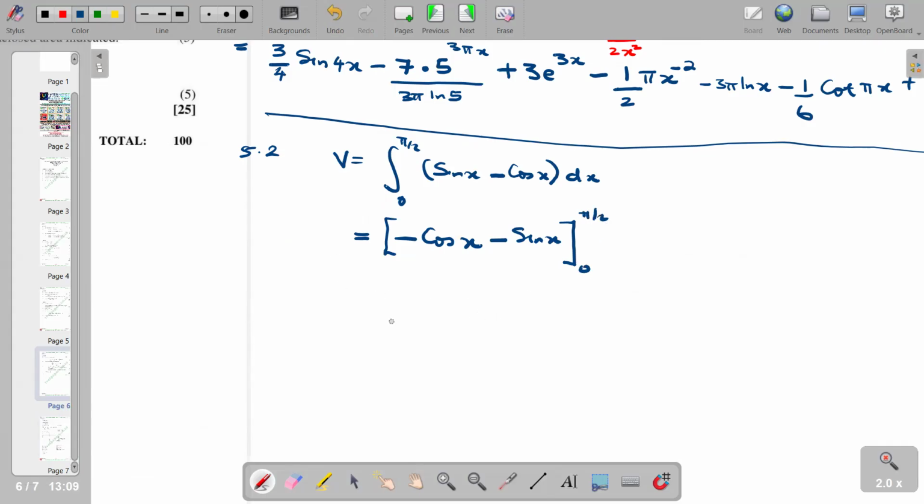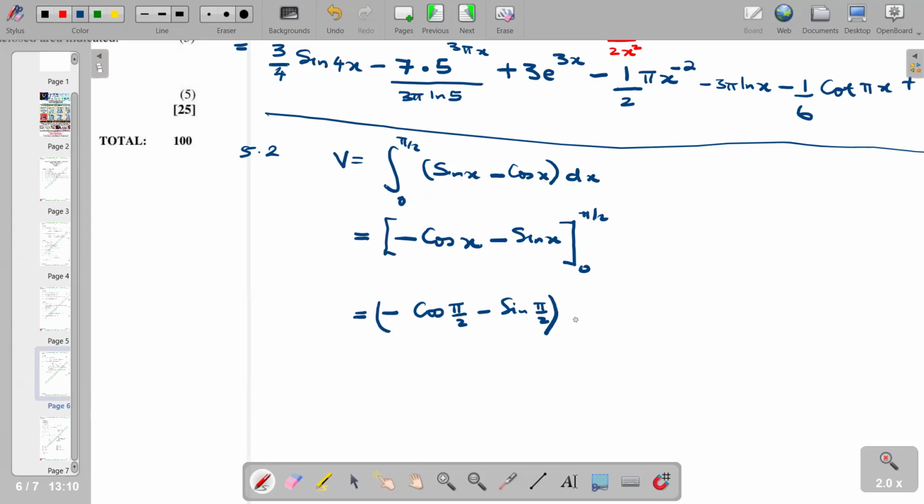So substituting those two values, this will be given by negative cos x. It's going to be negative cos pi over 2 minus sine pi over 2.